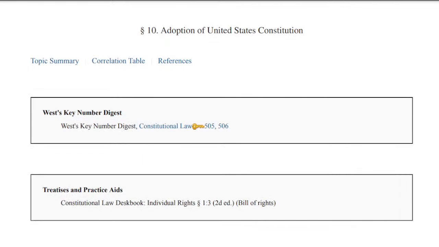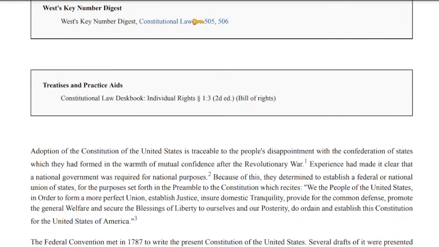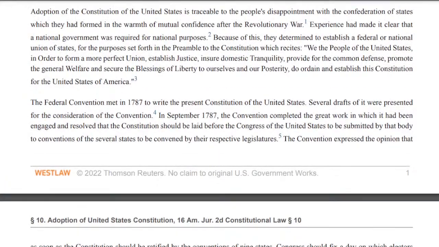Adoption of the United States Constitution. Before we move, let's see what's going on in the chat here.